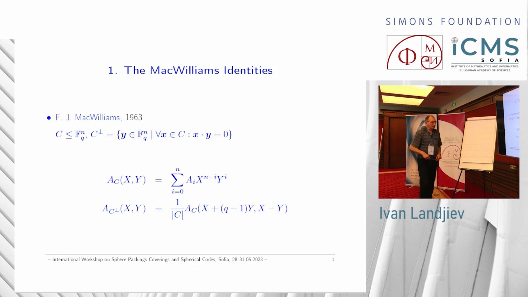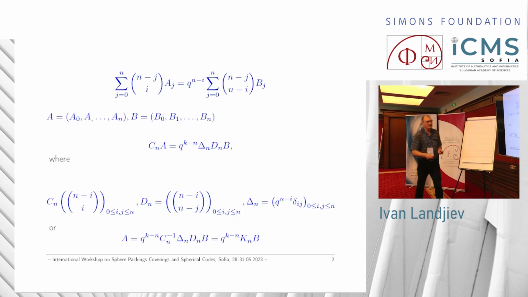This is the most familiar form, but there are many other forms in which we can write the MacWilliams identities. For instance, this, which is rather combinatorial because it suggests that we can prove the classical MacWilliams identities by counting in two ways.